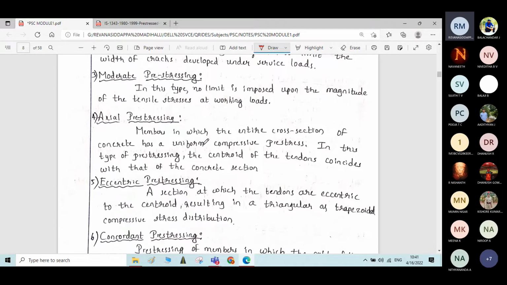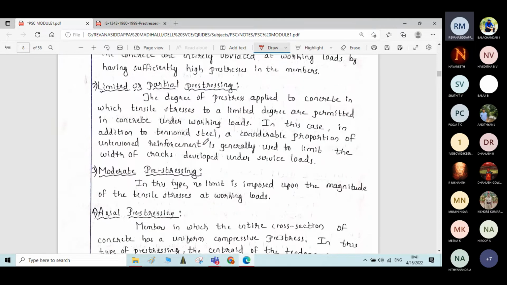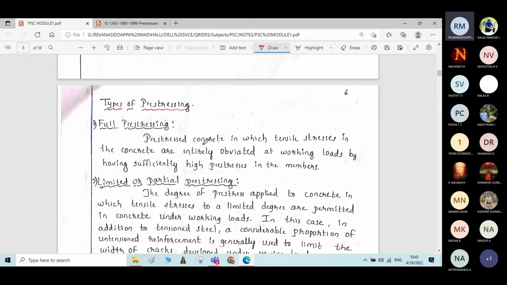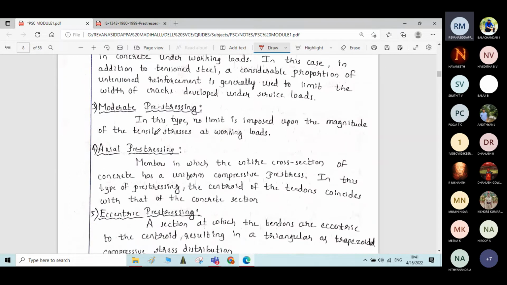Then moderate prestressing is the level between partial or limited prestressing and full prestressing. Here almost all the stresses induced by external loads will be contracted, but due to some unavoidable losses, moderate prestressing results.